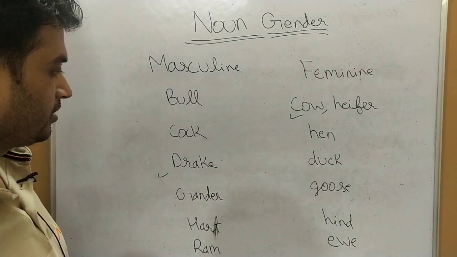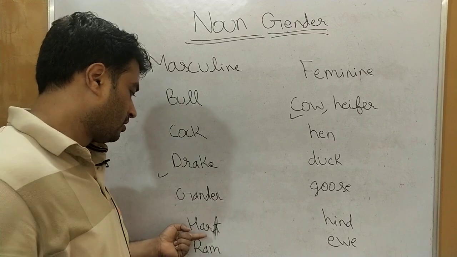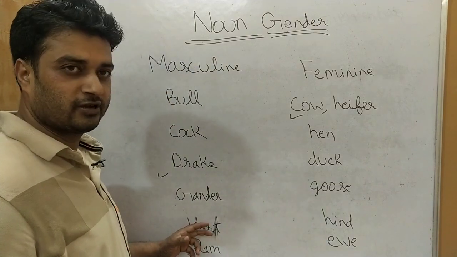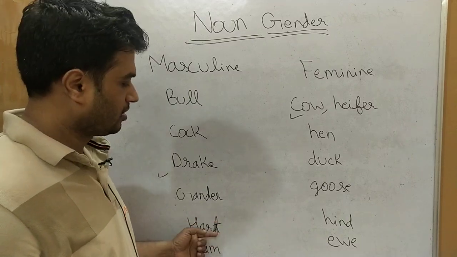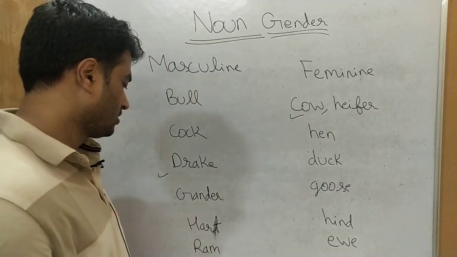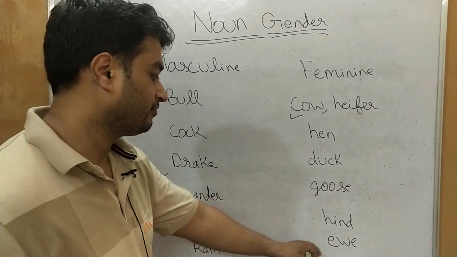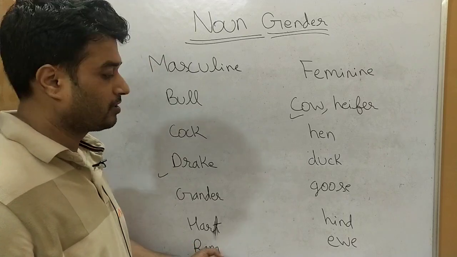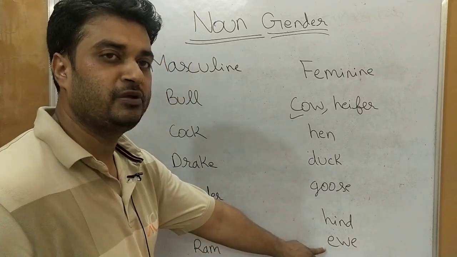And hart, hind. Hart, it is a deer. It is a kind of red deer, and hind is the female of a red deer. Ram and ewe. A ram is the male sheep, and an ewe is the female sheep.